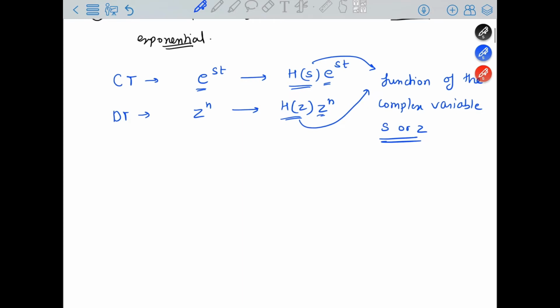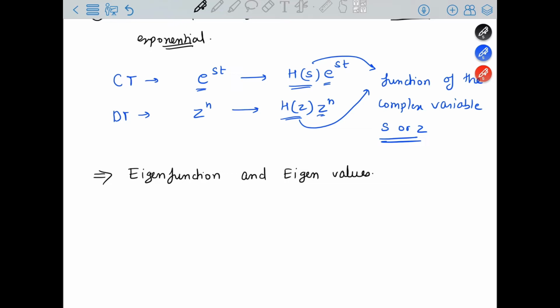Now a signal for which the system output is a constant times the input is referred to as an eigenfunction, and the amplitude factor is referred to as the eigenvalue. So here we are talking about two important properties, eigenfunction and eigenvalue.